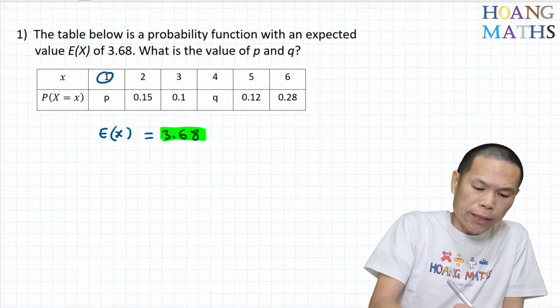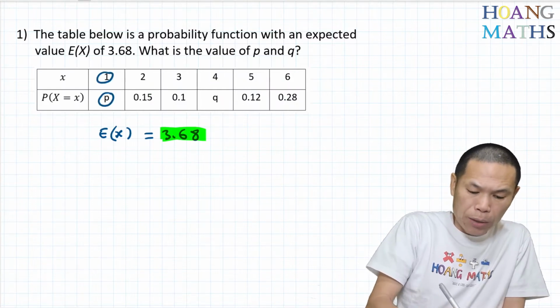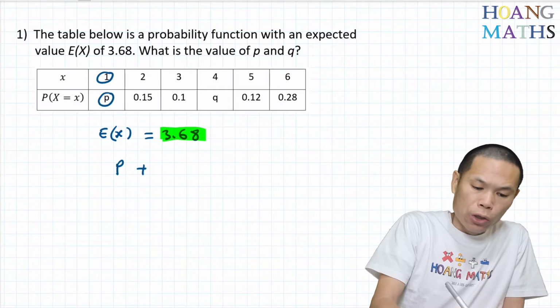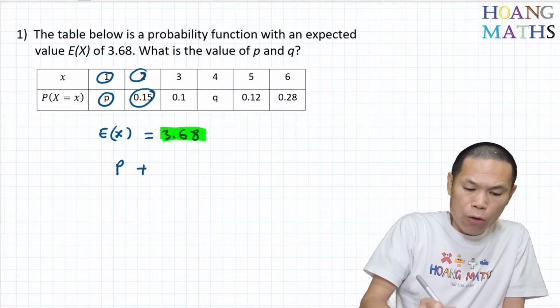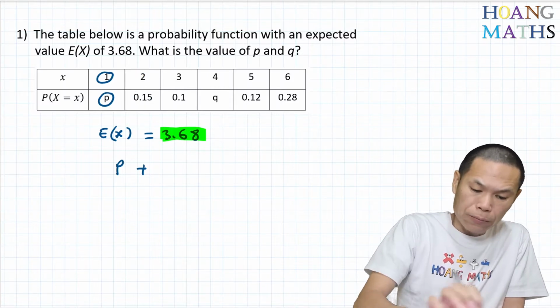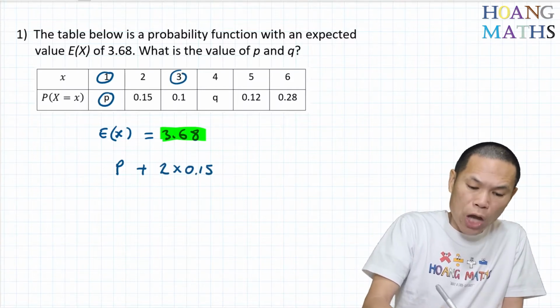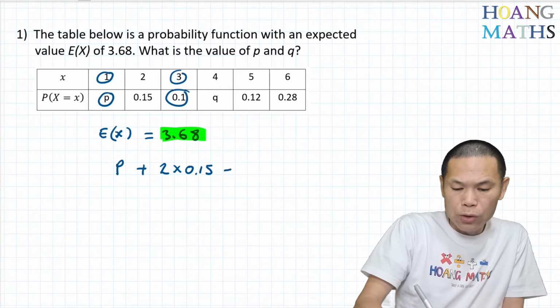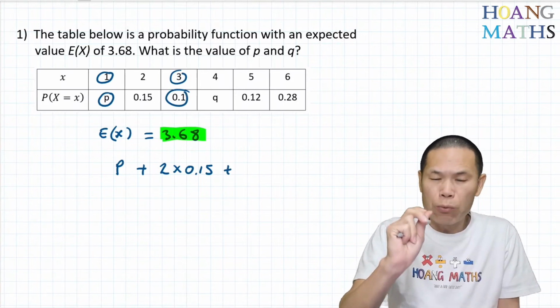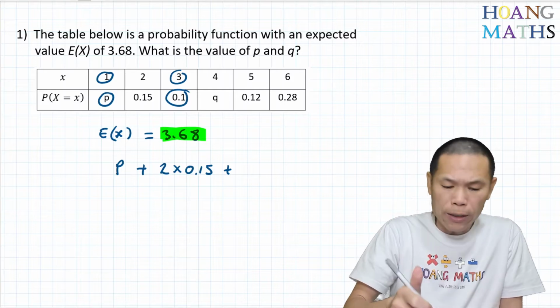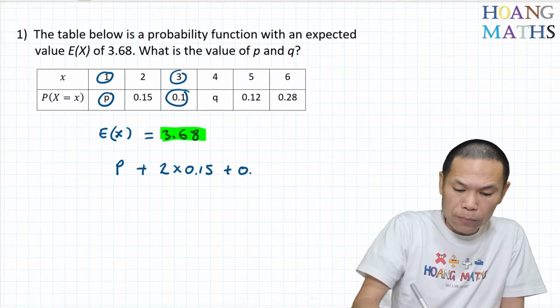So we have 1 times P is P. Then we add 2 times 0.15, and we add 3 times 0.1. But we know that 3 times 0.1 is 0.3.